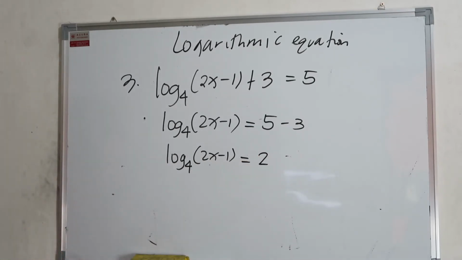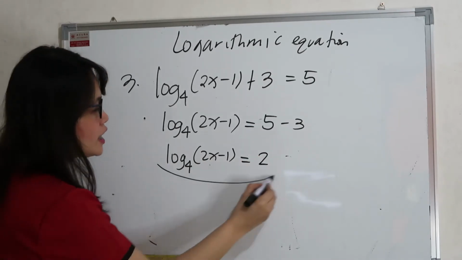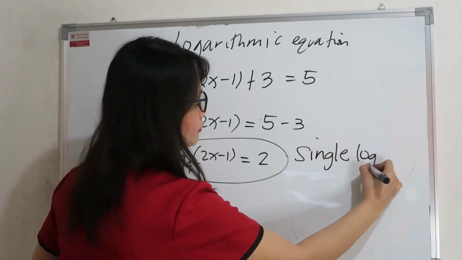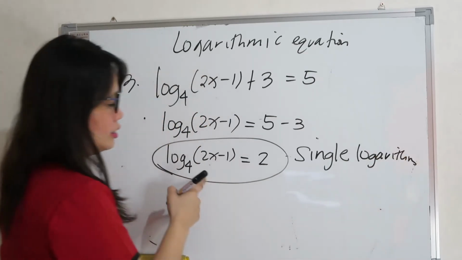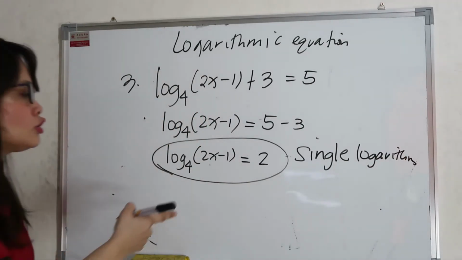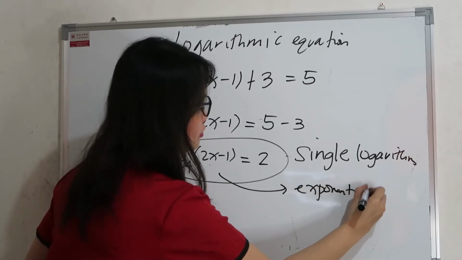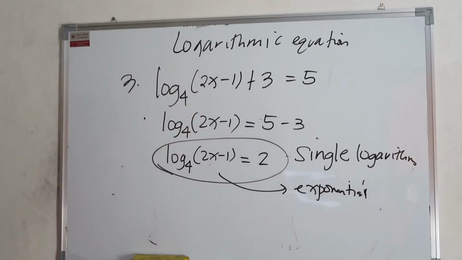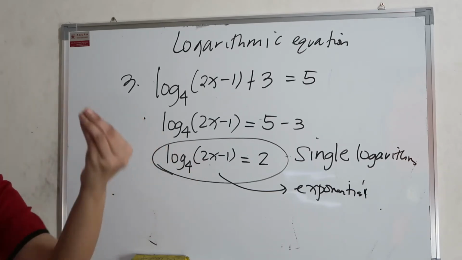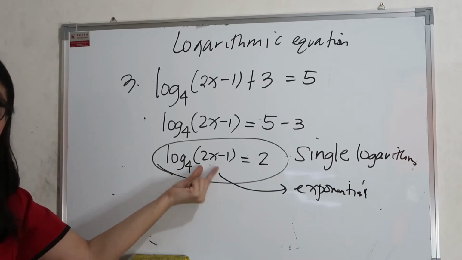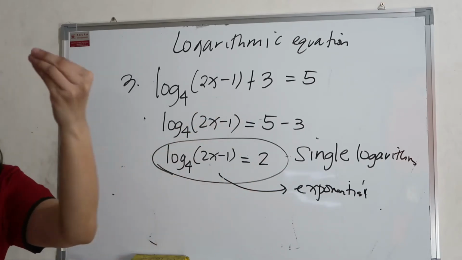Okay? Now what's next? Since we only have a single logarithm, we need to convert it to an exponential expression. If it's a single logarithm, we need to convert it to an exponential expression. So how do we do that?